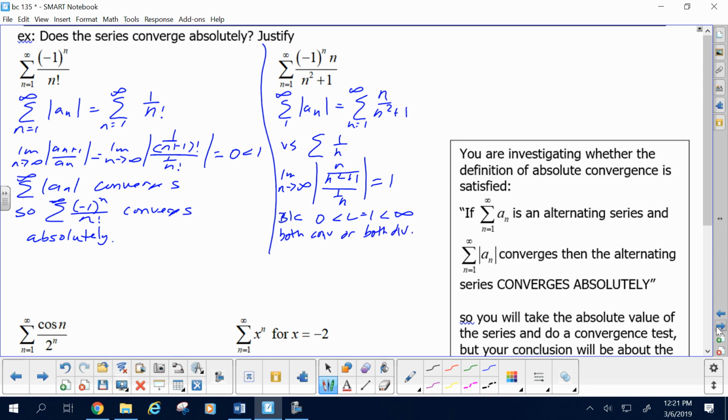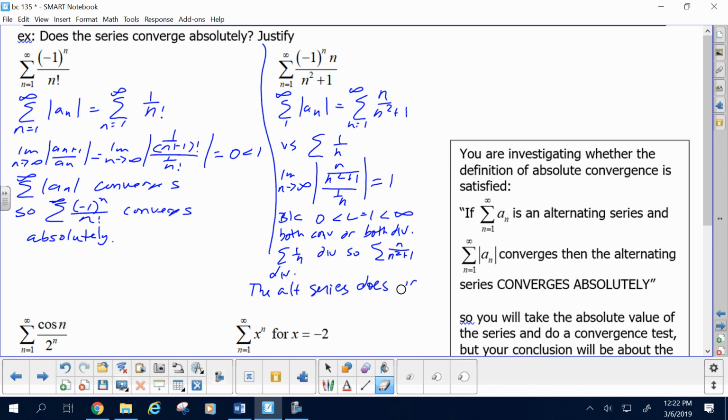So much writing. 1 over n diverges, so n over n squared plus 1 diverges. Now to answer the question, I could rewrite the series, or I could just say, therefore the alternating series does not converge absolutely.